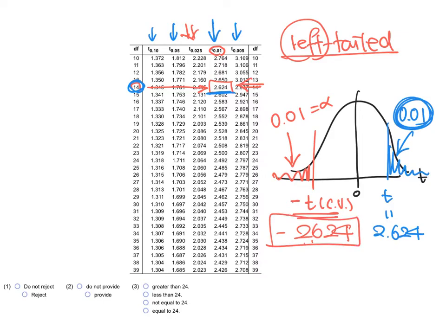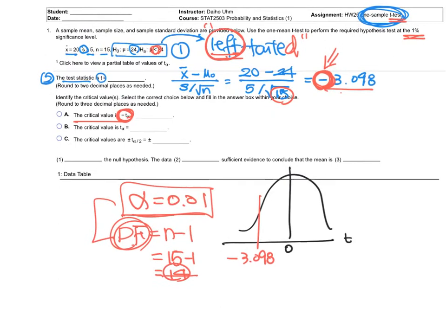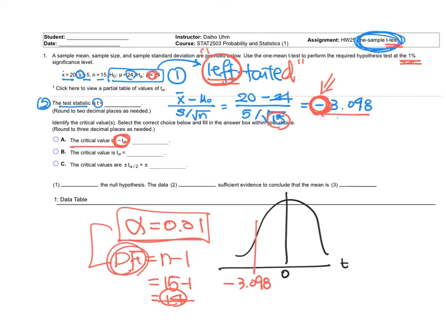So let me go back. The critical value will be negative 2.624. Okay, so the critical value is a negative 2.624. That is a critical value.